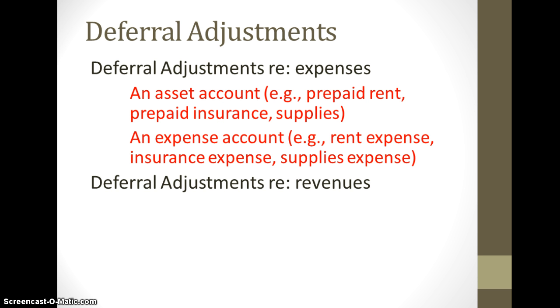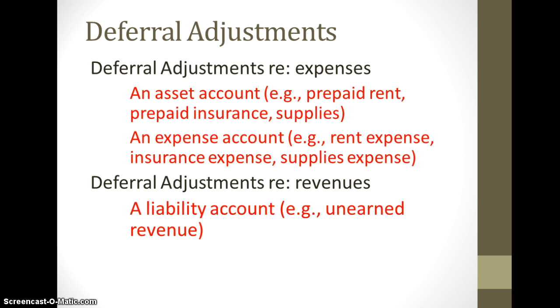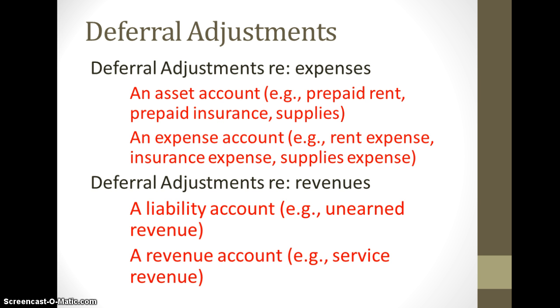With respect to deferral adjustments with respect to revenues, that means that we received some cash or deposit from a customer earlier on in the year. Now when we get to the end of the year, we have to make an adjusting journal entry, and that adjusting journal entry is going to involve a liability account and also a revenue account.